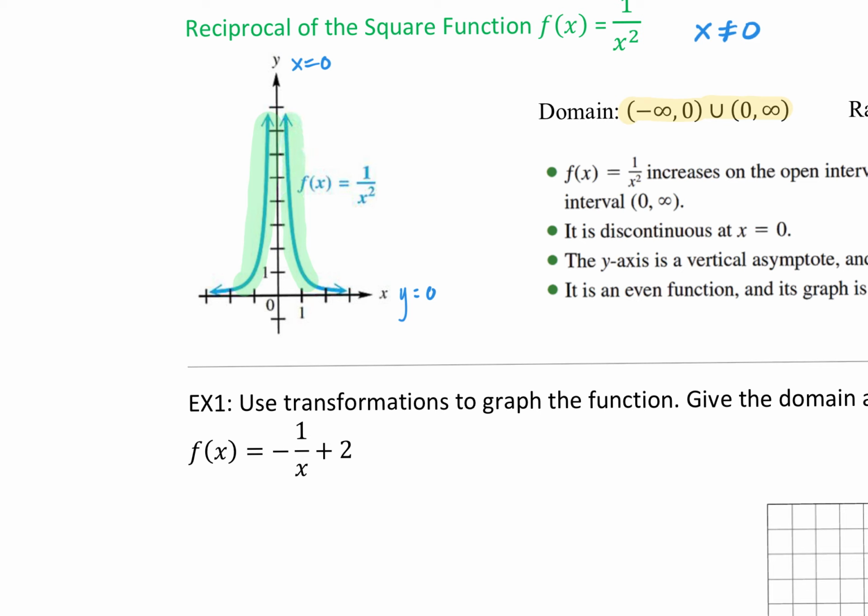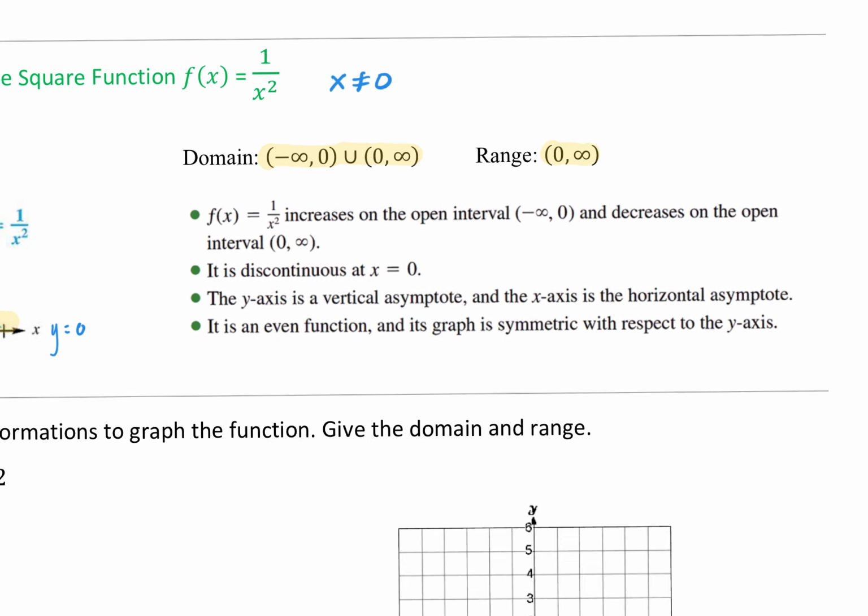If we are looking at x values that are getting larger and larger and going towards positive infinity, the graph approaches the x-axis, which is y equals 0, which would be our horizontal asymptote. And as x goes towards negative infinity, the graph approaches the horizontal asymptote y equal to 0. So same asymptote, it's just that there's no negative y values.